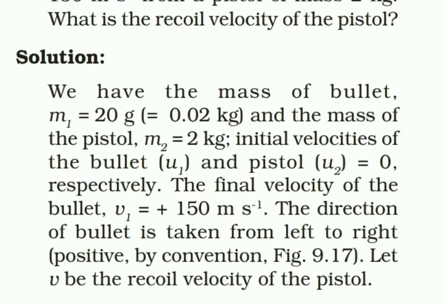Before firing the bullet, the pistol and bullet are at rest. The final velocity of the bullet is v1 equal to 150 meter per second. The direction of the bullet is taken from left to right. Let v be the recoil velocity of the pistol.